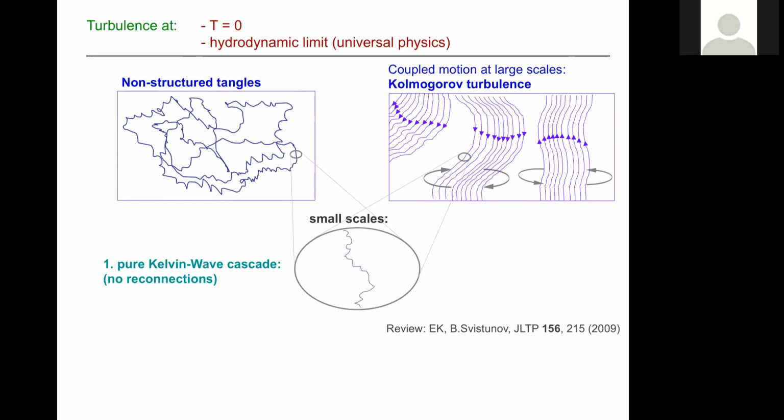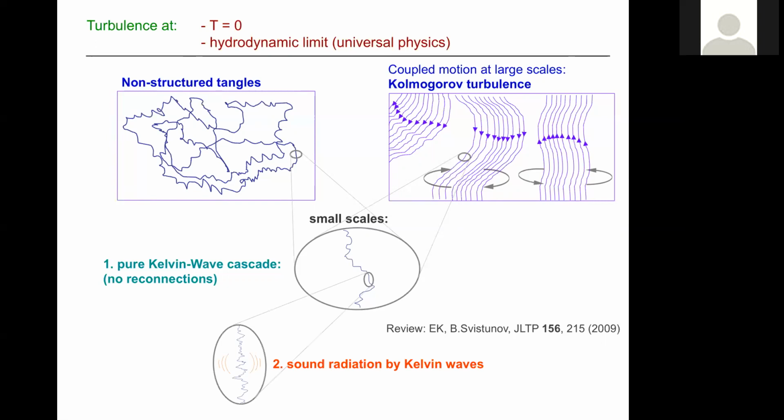And eventually, as the length scales get smaller and the dynamics of Kelvin waves becomes faster, the radiation of sound by Kelvin waves becomes efficient. Obviously, at large scales, when the dynamics is really slow, you don't expect much sound radiation, but eventually you can reach the scales, and we'll see that actually those scales are still much larger than the healing length.